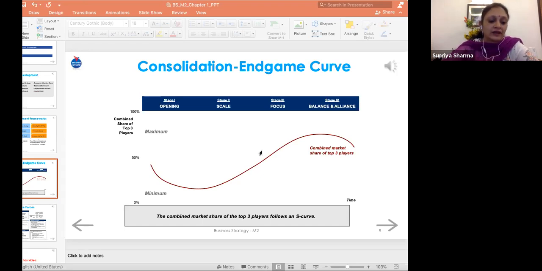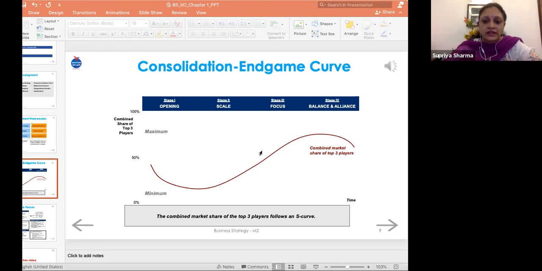But on an average, if we talk about this entire consolidation endgame curve, then if a company has to see all these stages, it used to take somewhere around 25 years, but that is not the case. It has expedited much more now.